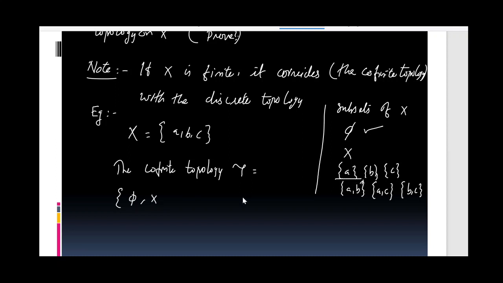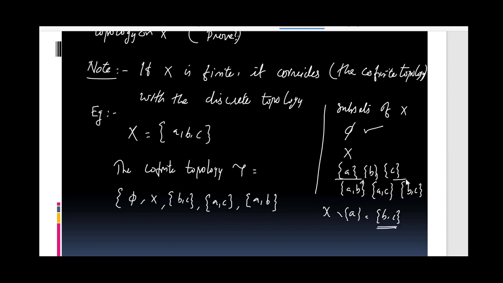Now take the singleton A. Its complement X minus A is BC, which is finite, so BC belongs to our topology. Next B: X minus B is finite, giving A, C, so that belongs too. Next C: its complement is AB, also finite, so that also belongs to this collection.